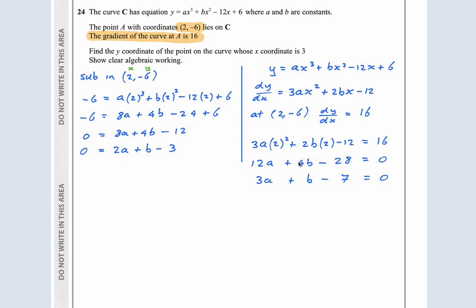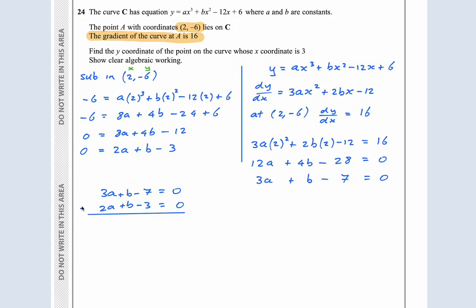Okay, but now I have my 2 equations. 2 equations means I can find my 2 unknowns. So let's start with this one. 3a plus b minus 7 equals 0. And I'll put this one underneath. 2a plus b minus 3 equals 0. I'm going to put a line underneath here.